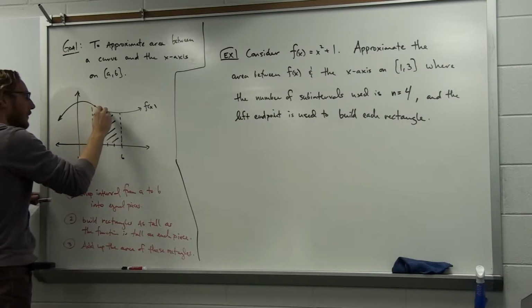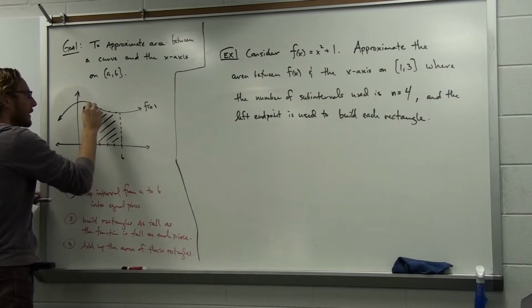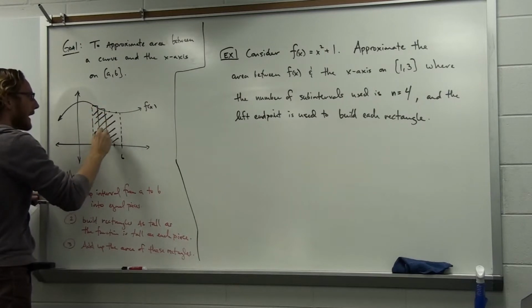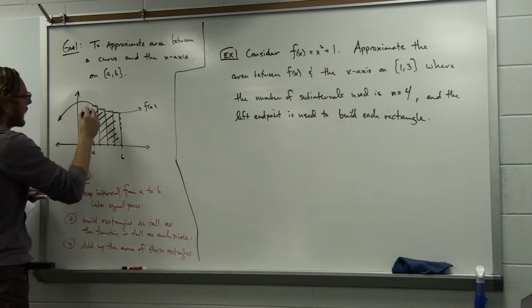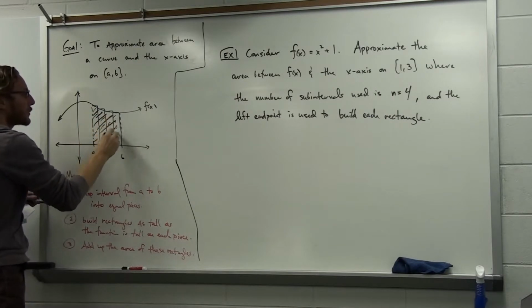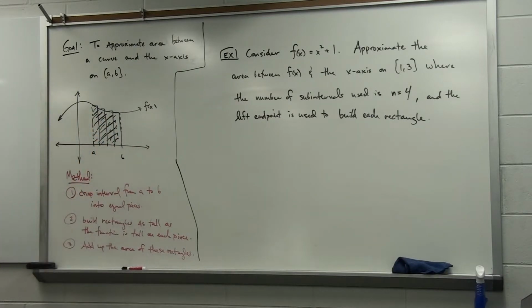See how tall the function is at a point within each of your subinterval regions. Build yourselves rectangles as tall as the function is tall, and you now have a way to estimate the area under the function.